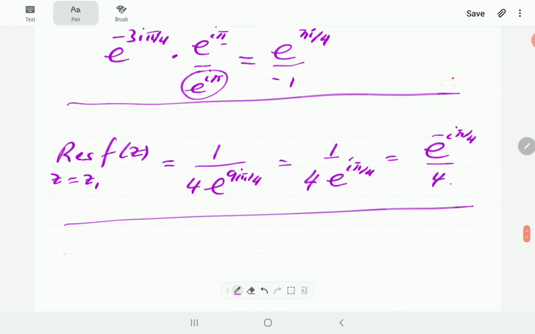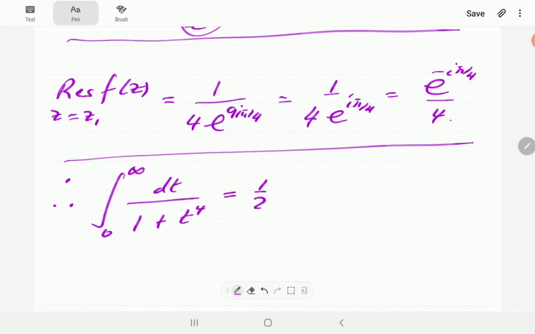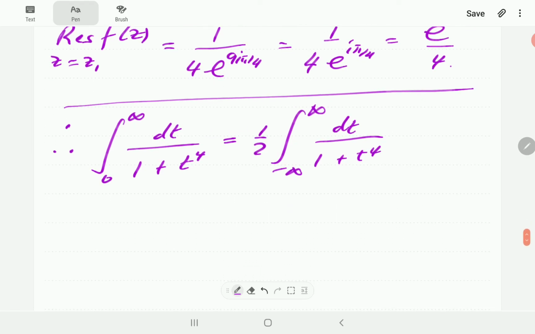Then we can round this up. So therefore the required integral, which is from 0 to infinity of dt over 1 plus t to the power of 4, is half of this integral, which we can obtain using the residue theorem.